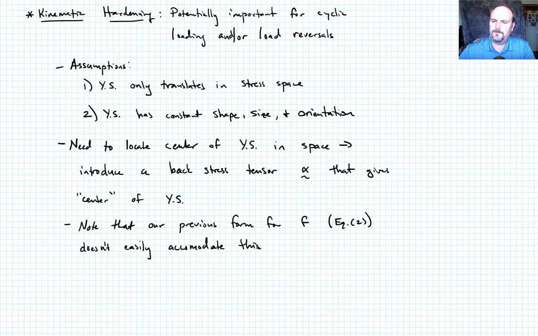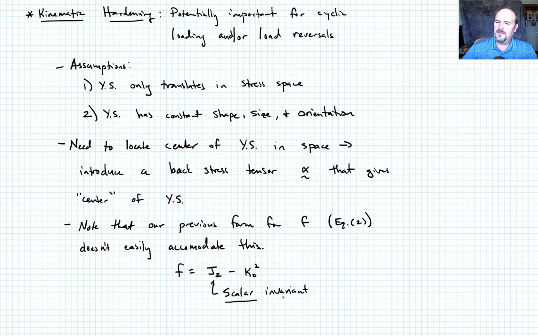I'm going to write it again for you: J2, this is the initial yield surface, minus K naught squared is equal to the yield function. Well, this J2 is a scalar invariant, and it's not so easy to see how we can shift our yield surface using a scalar quantity.